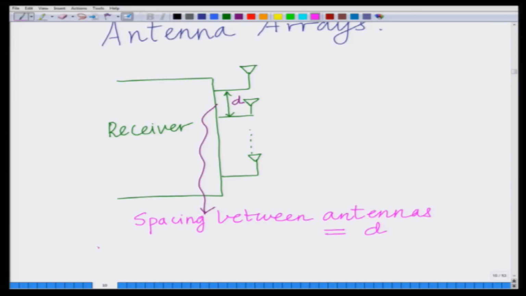So, the spacing between these antennas is uniform, and such an antenna configuration is known as a uniform linear array.